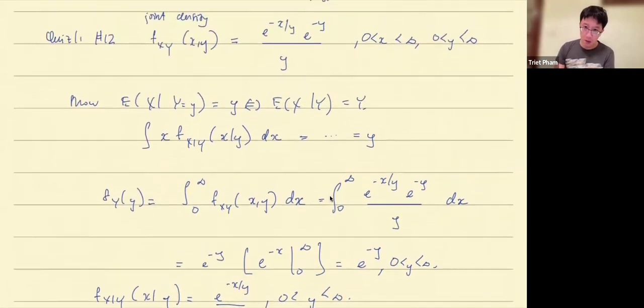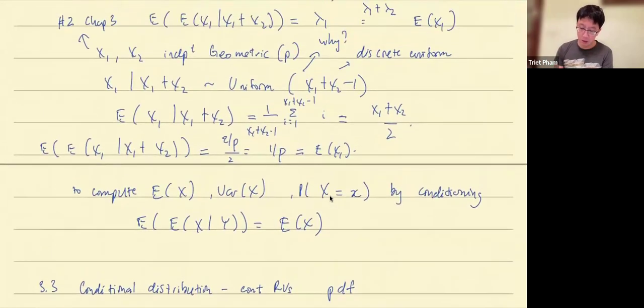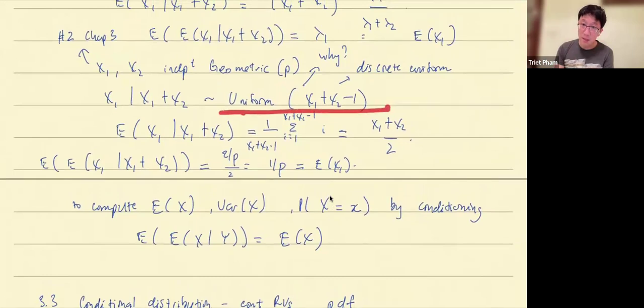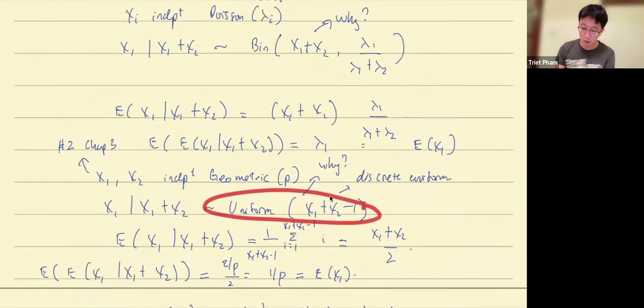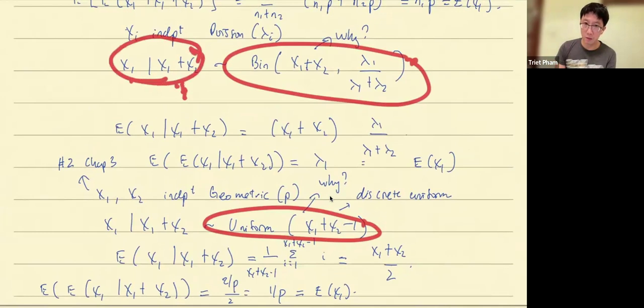Again, notice a common theme, or a recurring theme, in conditioning is to be able to recognize as much as possible what the conditional distribution is. So I write down, we can say this in English here, what the distribution is. But do remember that in between we do a bunch of calculation, we got a formula for the probability mass function of this conditional random variable, right?